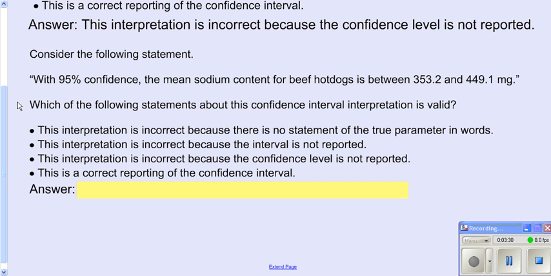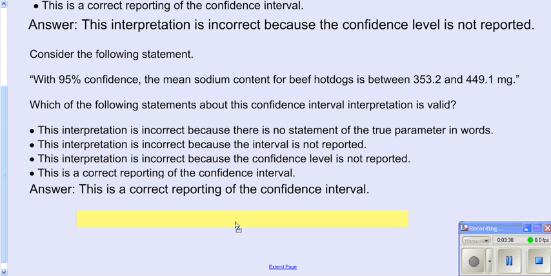Here it says we are 95% confident that the mean of the sodium content in beef hot dogs is between this and this. In this case, it is a correct interpretation because you have your confidence level. You're talking about the mean of your population and describing what it is, and you're giving me your confidence range between here and here, or it could be given as an X bar plus or minus your margin of error, which would not make a difference.